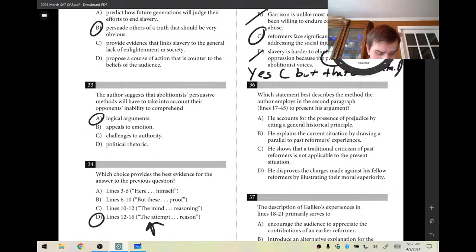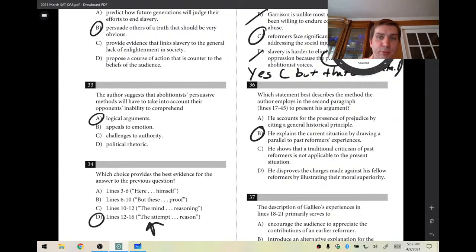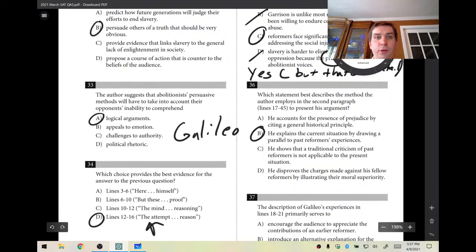He explains the current situation by drawing a parallel to past reformers' experiences. What past reformer does our author mention? Galileo. So hopefully you saw he was referencing Galileo for answer choice B.